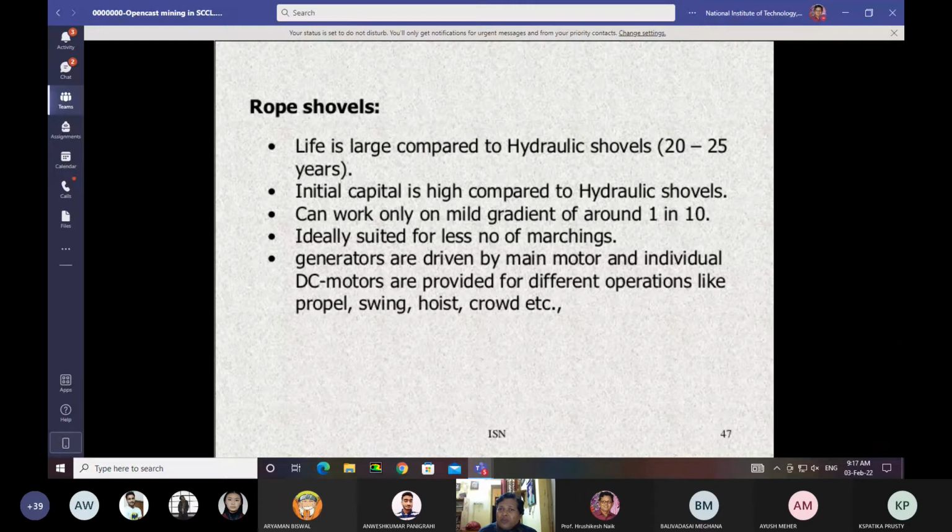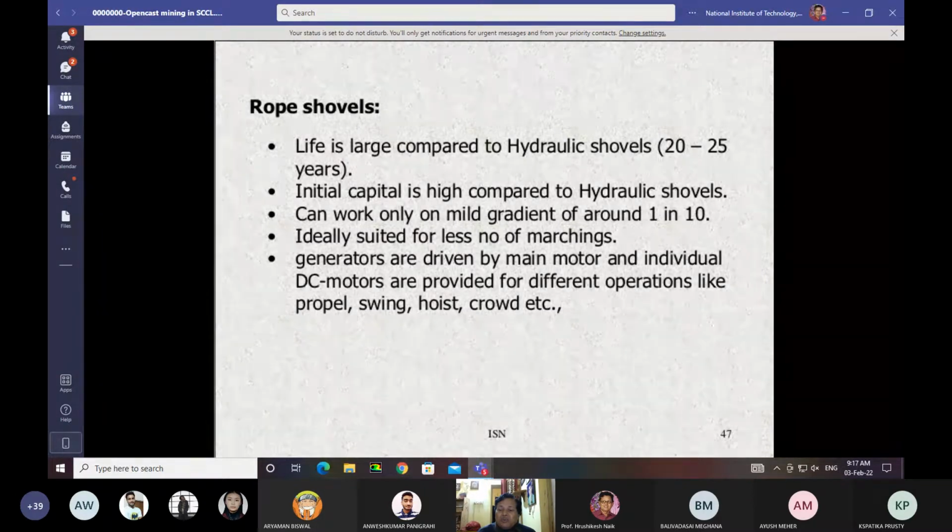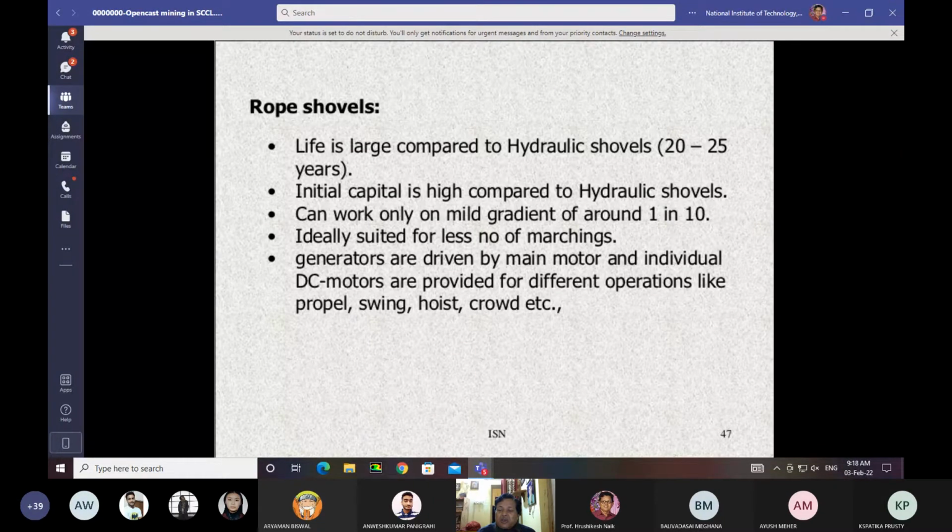So your question was very pertinent, and these are the reasons why people are going for diesel shovels, where the rope shovel is not suitable. That suitability study you have to carry out before purchasing the electrically operated shovels, because they are very costly machines. They are very big machines.